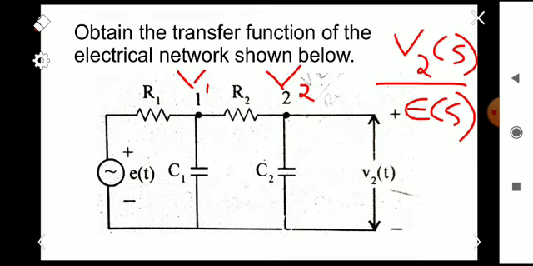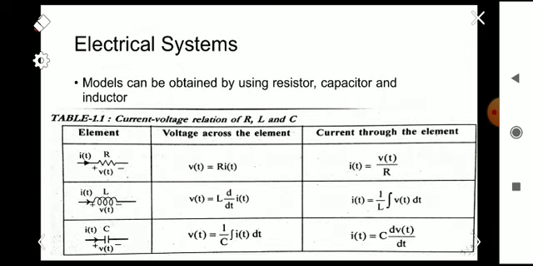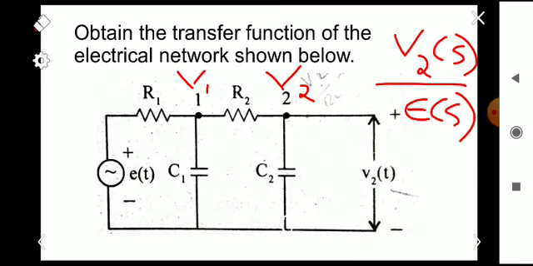And also the current flowing through this capacitor can be written as C1 into dV1 by dt, that we know from the previous slide: the current flowing through the capacitor is C into dV by dt. So we are applying it here. Okay, so C1 into dV1 by dt. Then the current flowing through this path will be V1 minus V2 by R2.